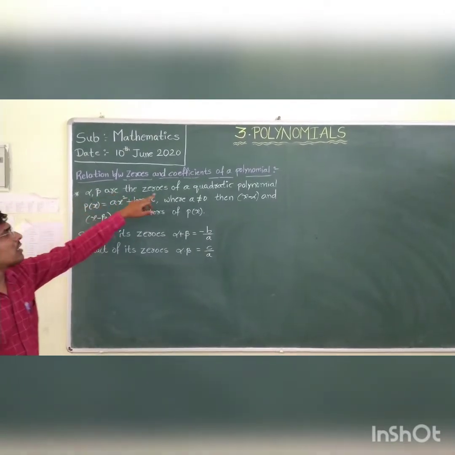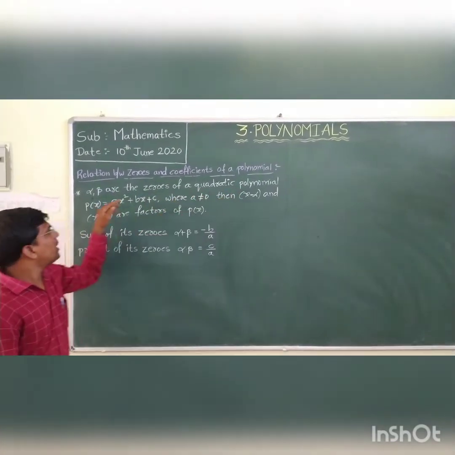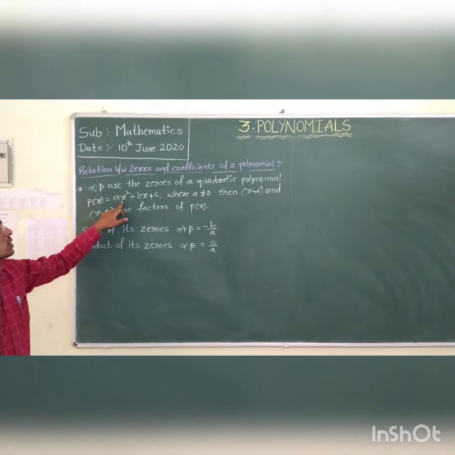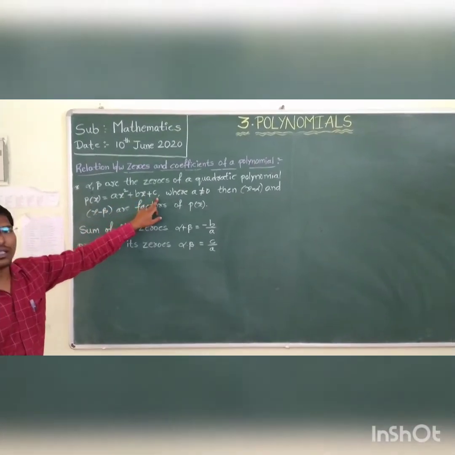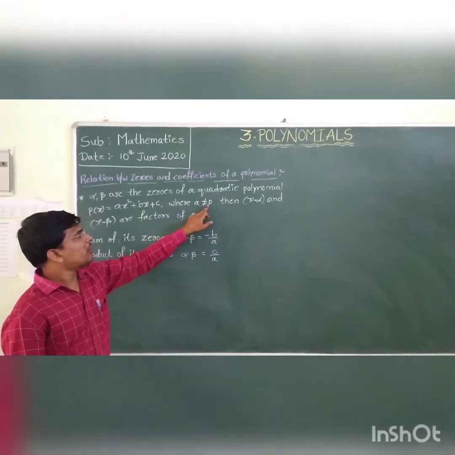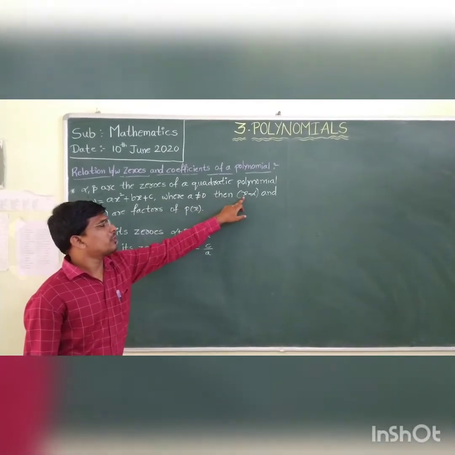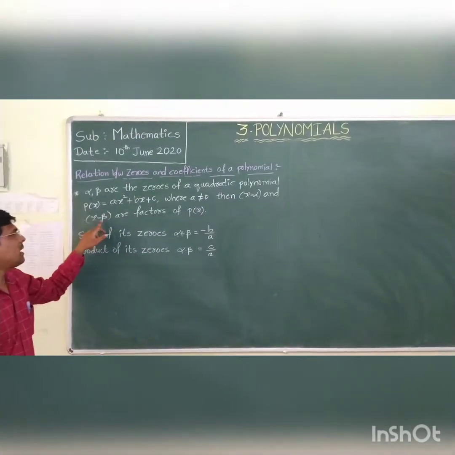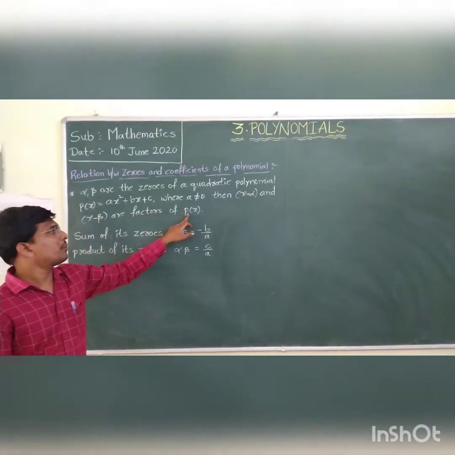Alpha comma beta are the zeros of a quadratic polynomial p of x is equal to ax square plus bx plus c, where a is not equal to 0. Then x minus alpha and x minus beta are factors of p of x.